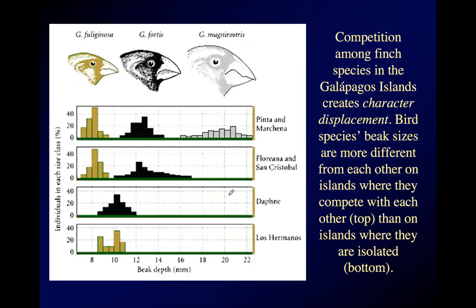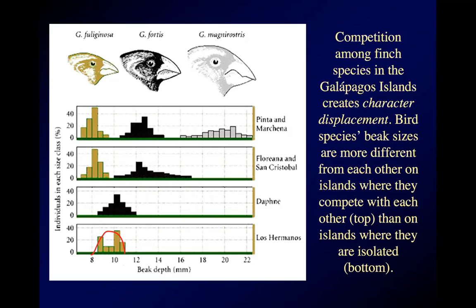And in the Galapagos, another one of the things that the Grants have looked at is character displacement. On the very small island of Los Hermanos, one of the species present is Geospiza fuliginosa. And on Los Hermanos, it's not really a big enough population to show a very obvious bell curve, but that's where it is. And this is a measurement of beak depth. On the island of Daphne, there's a different bird species.